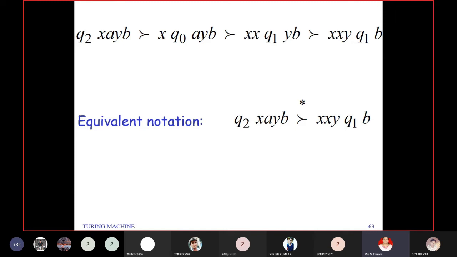So what is the meaning of this star? 0 or more moves. Okay, here you have some set of moves in order to reach from this configuration to this configuration. It is the equivalent notation.